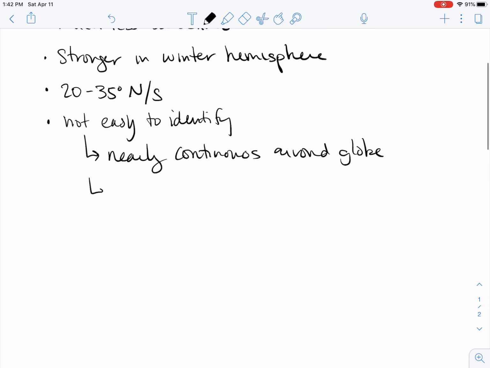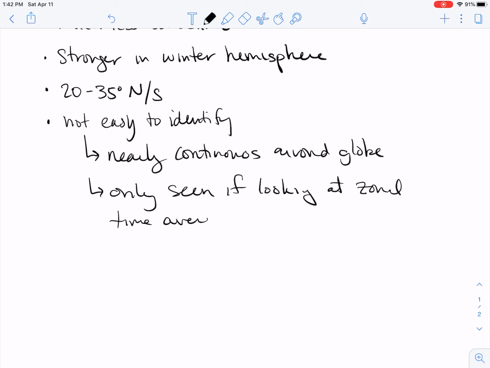And so it can only truly be seen if looking at zonal time averaged flow. We're going to go ahead and look at an image that shows this, and then we'll come back to explaining why we can still get the jet stream even when there is not as strong of temperature gradients.